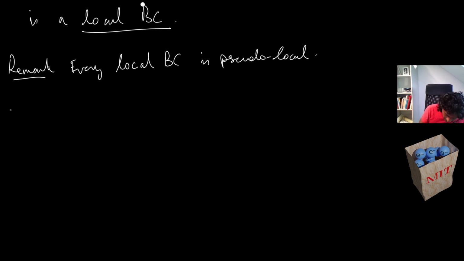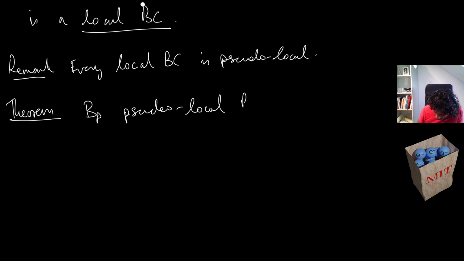So now let me give you the important theorem in all of this. Unfortunately, we will not prove it. If B_P equals P H^{1/2} is a pseudo-local boundary condition, then the following are equivalent.